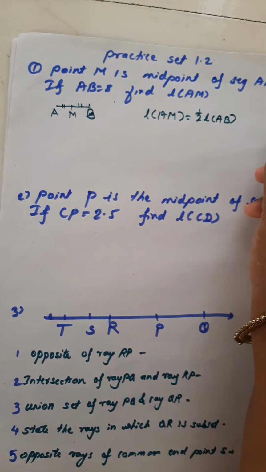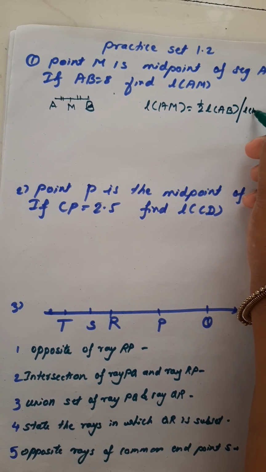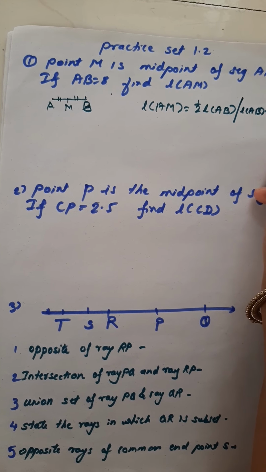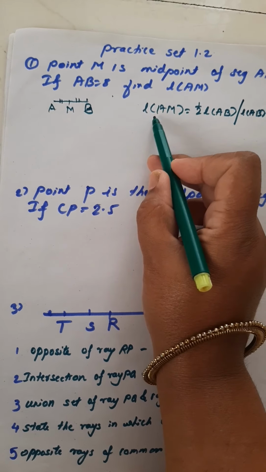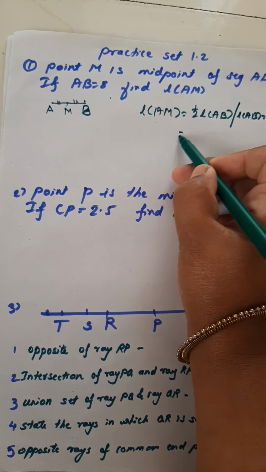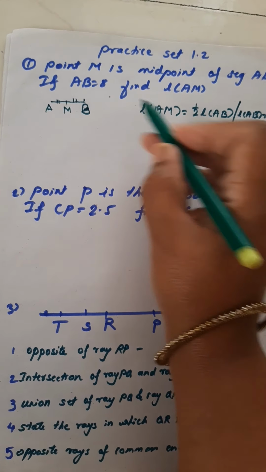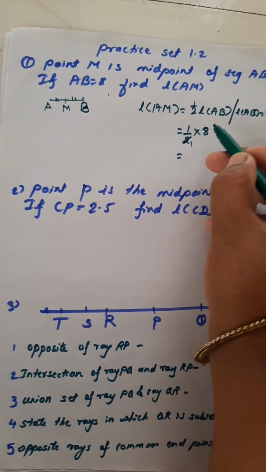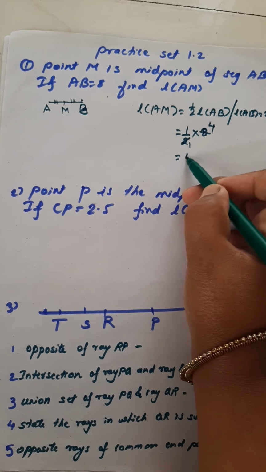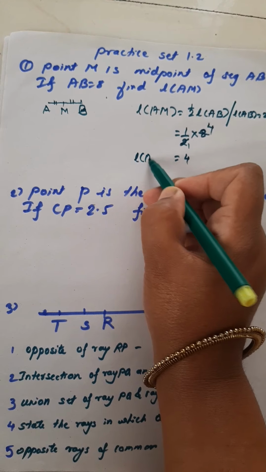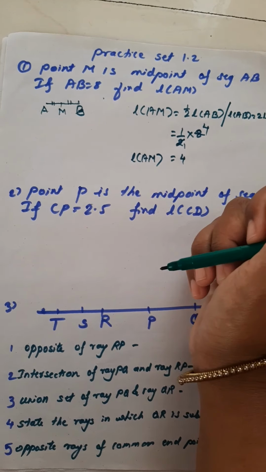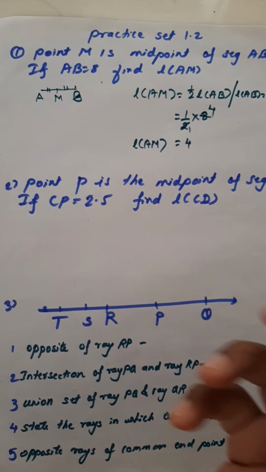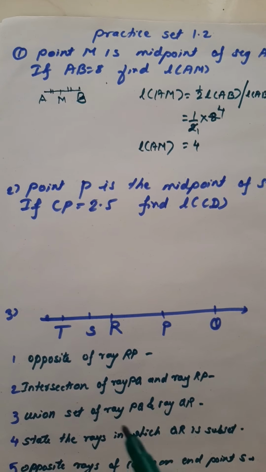You can write by other method also. Length AB is equal to 2 times length AM, but we have to find AM, so I have taken AM first. So 1/2 multiplied by the given measure AB is 8. 2 1s are 2, 2 4s are 8. So answer is 4. Therefore length AM is equal to 4 centimeter.